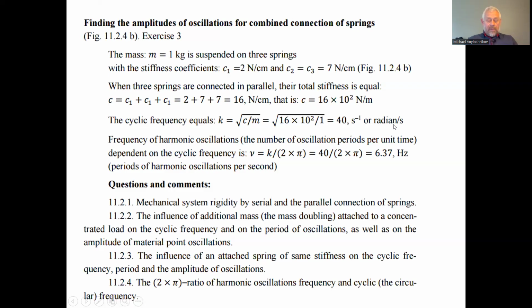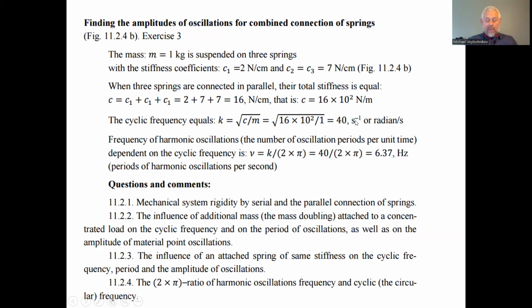Then we have the technical frequency, the frequency of harmonic oscillations, the number of oscillation periods per unit of time. So we can use the cyclic frequency and the frequency of harmonic oscillation. We divide this by 2π, and we will have the frequency as the number of oscillations per unit of time. This is the unit of Hertz. Hertz is not the radian per second like we have here.